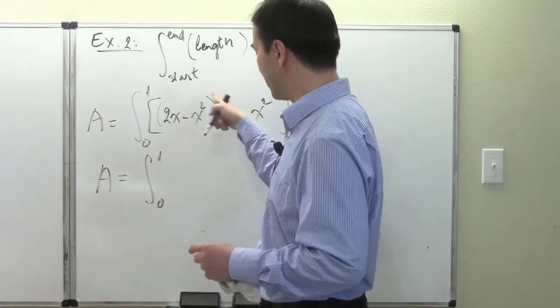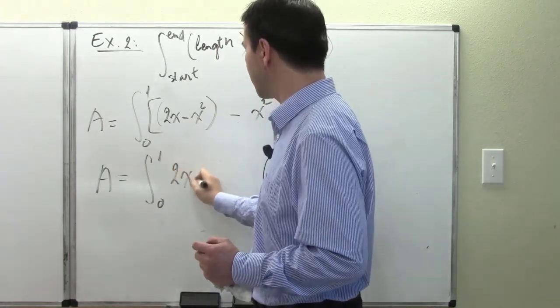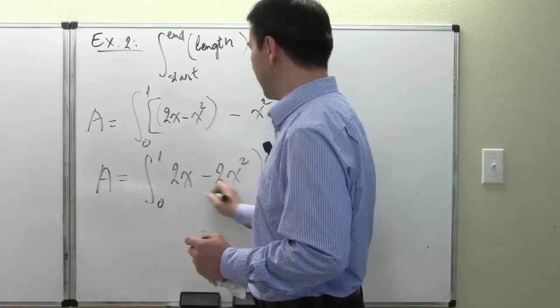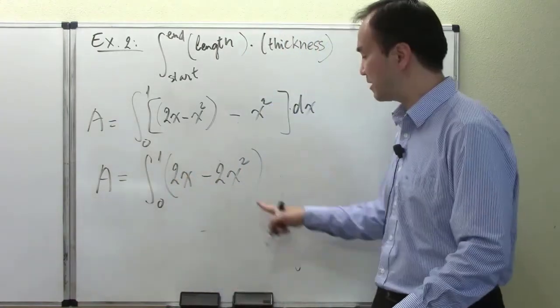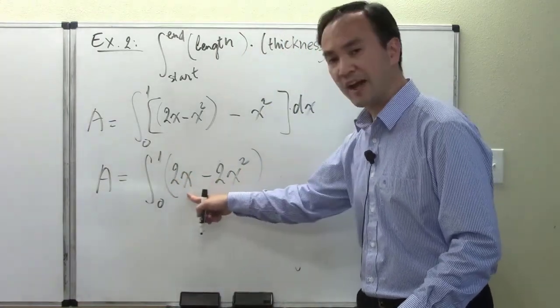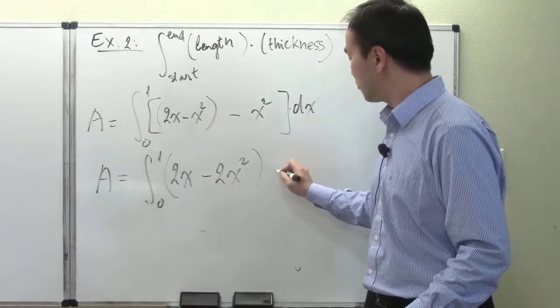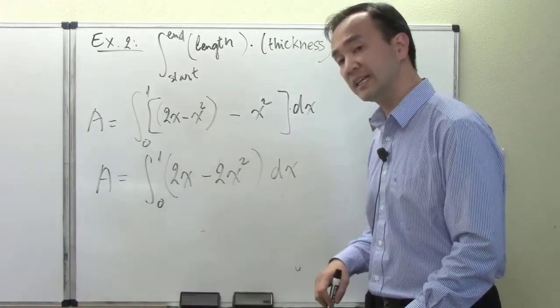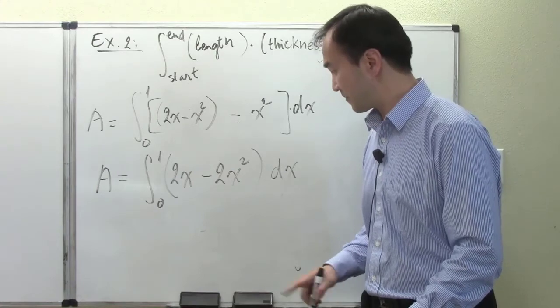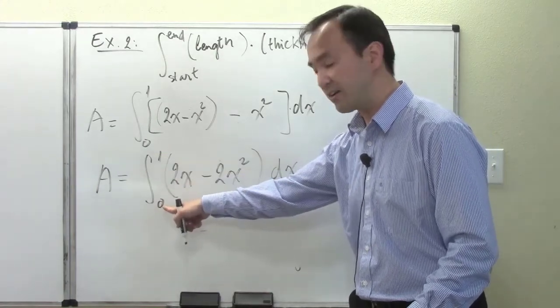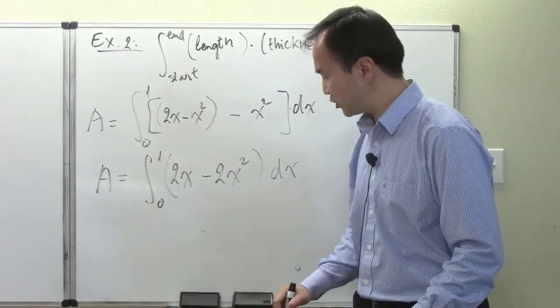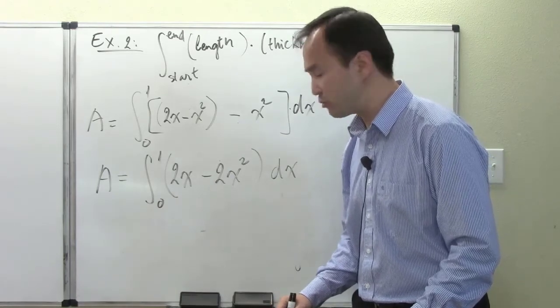Just do a little algebra on these terms here. It's now 2x minus 2x squared. That's the stripe height determined by the value of x at any instance. Then we multiply the stripe height with the thickness dx, because it's a vertical stripe again. And then we're accumulating all of those stripe areas from 0 to 1, starting at 0 and ending the accumulation at 1.